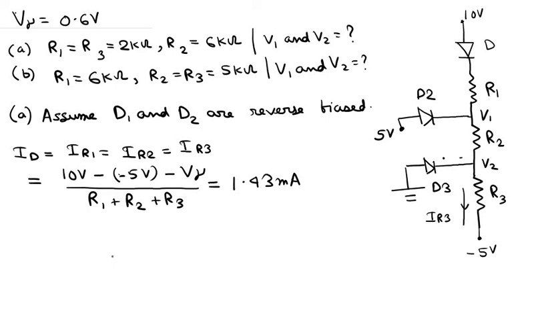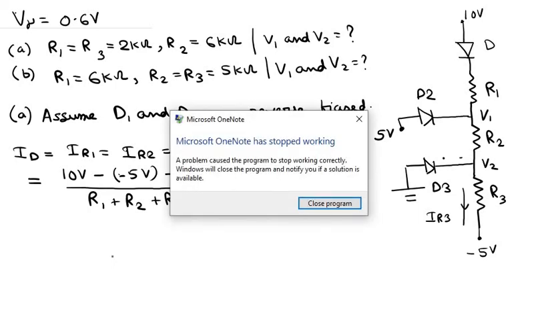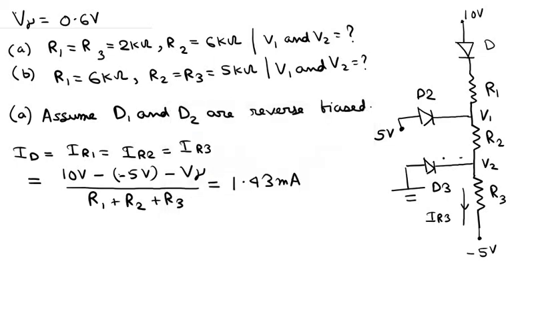The voltage at this node V1 is given by V1 equal to 10 volts minus the voltage drop across the resistor R1, minus V gamma. So 10 minus I R1 minus V gamma, and this comes out to be 6.56 volts.